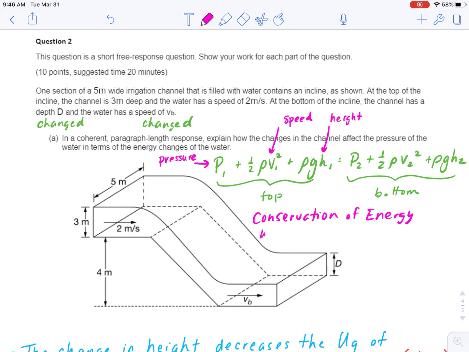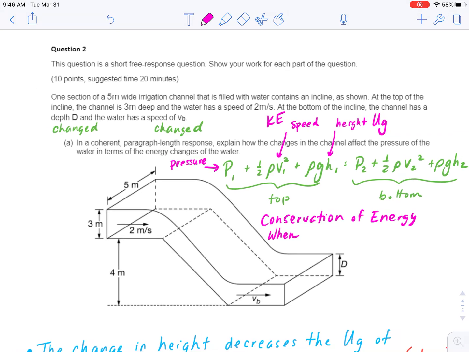And so what happens here is when kinetic energy, remember that speed is related to kinetic energy, and when gravitational potential energy, which is related to height, when those change, the pressure also has to change.